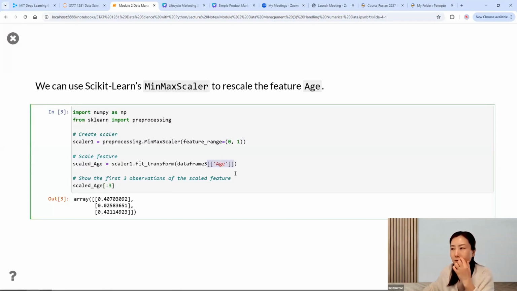So notice that I use 2 layers of square brackets here because I want to make it a column vector. Okay, if you use single bracket, I think you will get a row vector. Anyway, this is an example of using min-max scaler to scale your data.